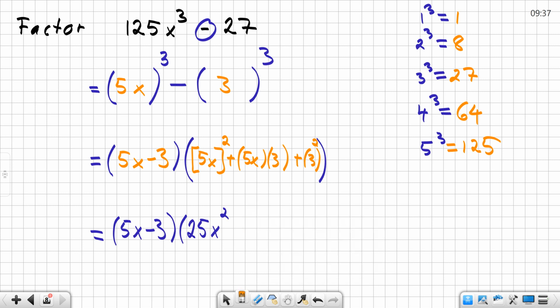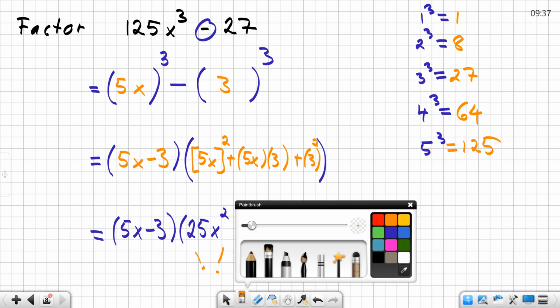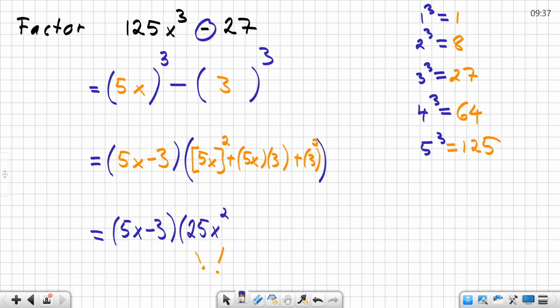Be careful right here. 5x times 3, positive, makes for 15x. 3 squared is 9. That is another one where we have to be careful. Some people write 6. And that is the lesson for today.